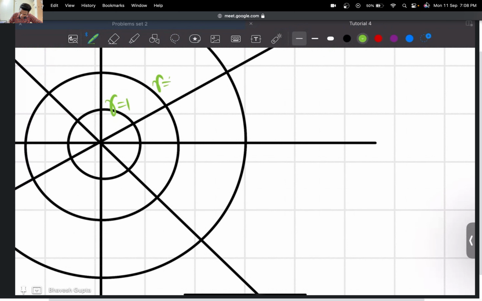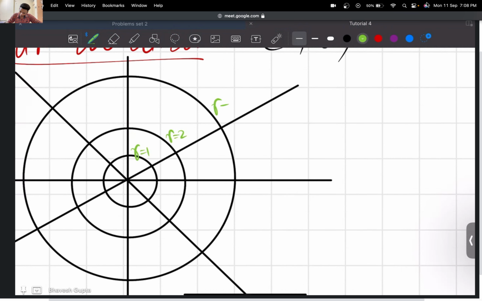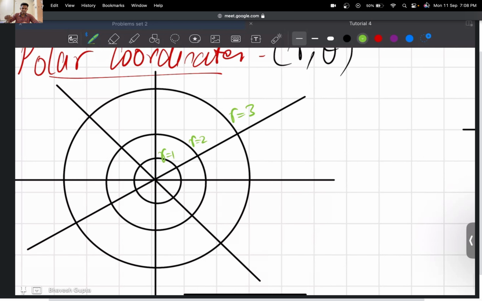Let's say the second circle tells you a distance, r equal to 2. The third tells you r equal to 3. So all the points on this circle have the same distance from the origin, right? And the way you can have that kind of idea is only through a circle.